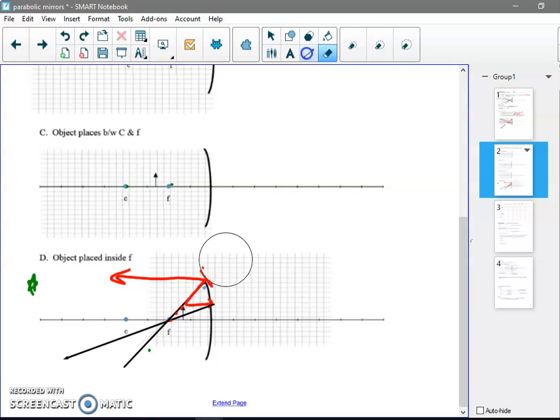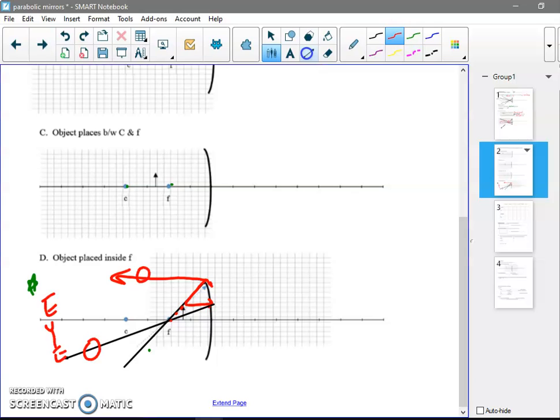Now this is where things get interesting. Your eye is right here. So it sees this ray and it sees this ray, and it would see another ray that passes through the center of curvature like this and goes straight back. But don't worry about that third one. The point is those 2 rays never converge out front.